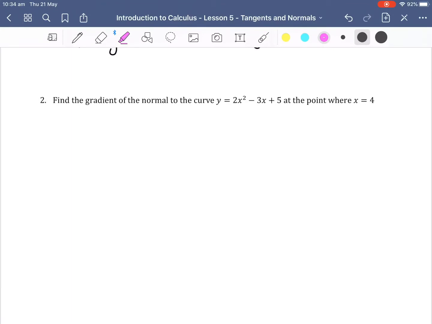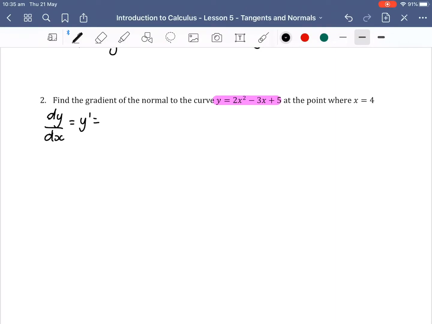Now we want to find the gradient of the normal to the curve y equals 2x squared minus 3x plus 5 at the point where x equals 4. We're going to do the exact same thing. We're going to find the gradient by differentiating our equation. So we find dy on dx, which equals y dash, if we write it in short form.